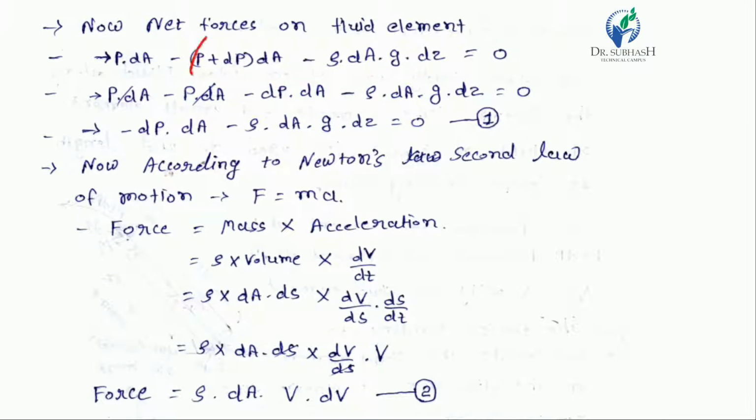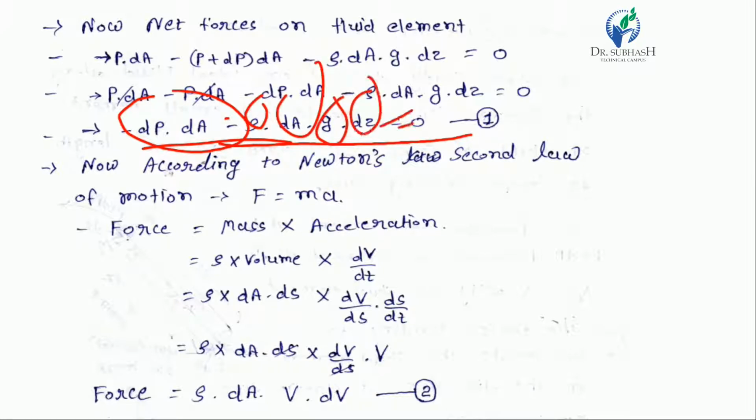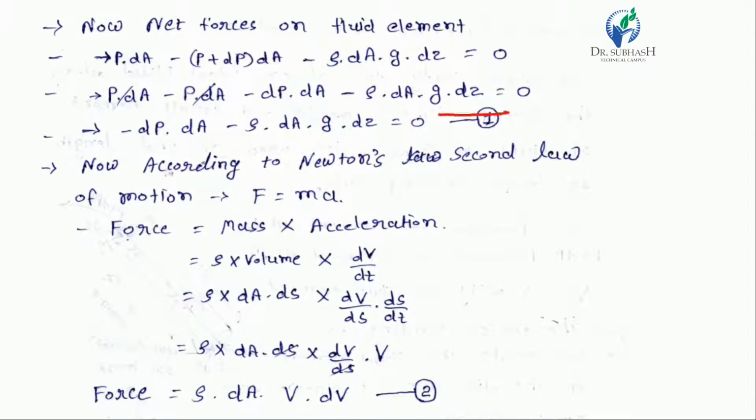Now we open the bracket: P into dA minus P into dA minus dp into dA and minus rho dA g dz. P dA minus P dA cancels, so what remains is minus dp into dA minus rho dA g dz equal to 0. This is defined as equation 1.